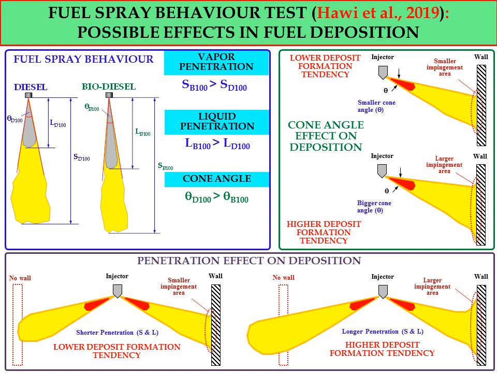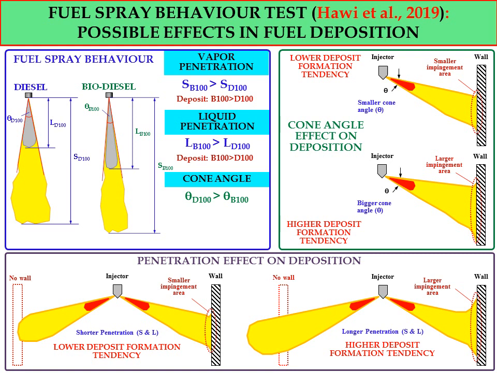So from this possible effect of spray behavior on fuel deposition, we can conclude that in terms of vapor penetration, deposit formation for B100 will be greater than diesel fuel.